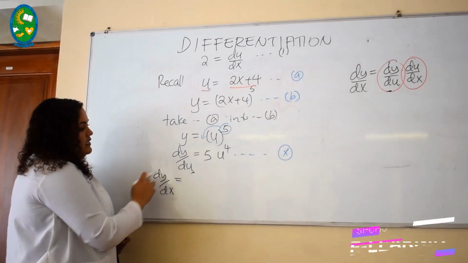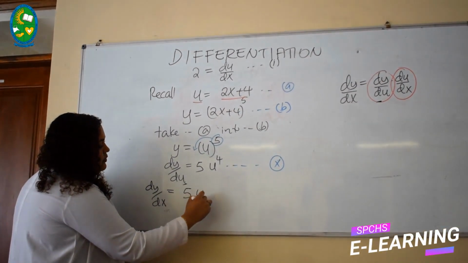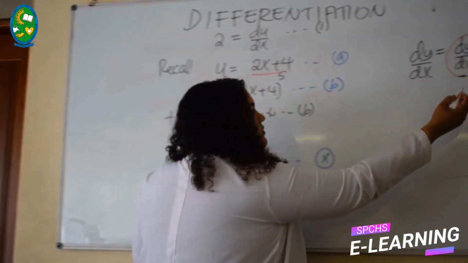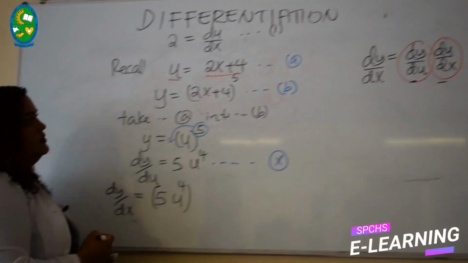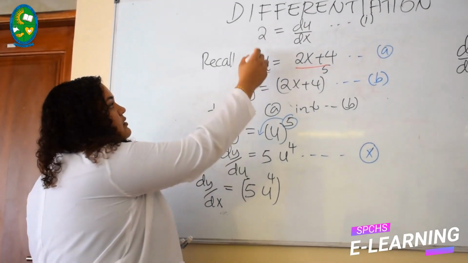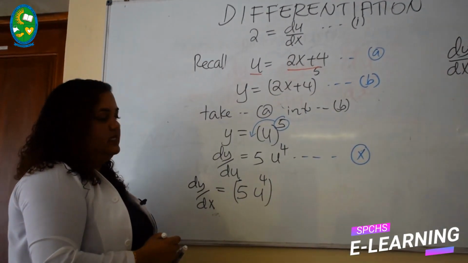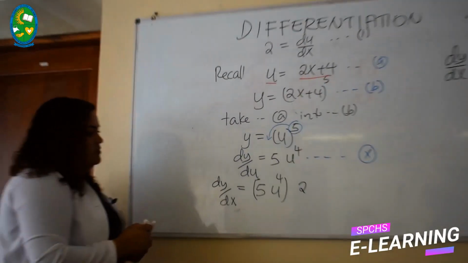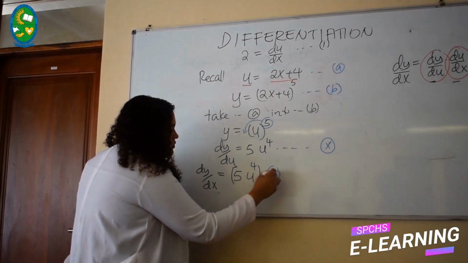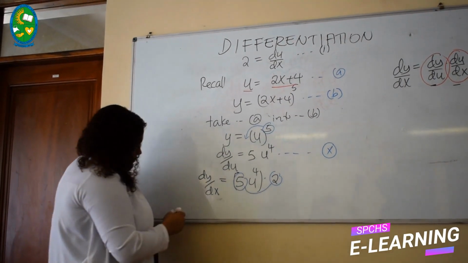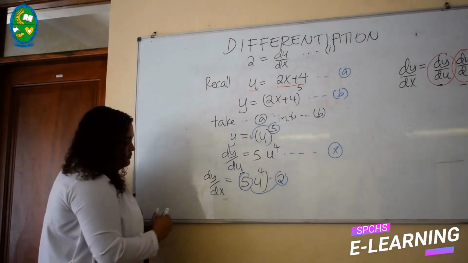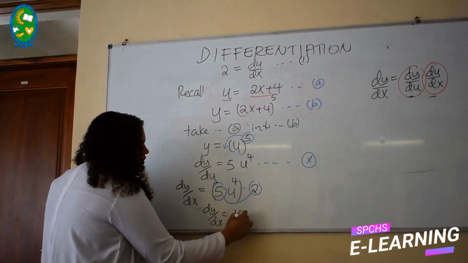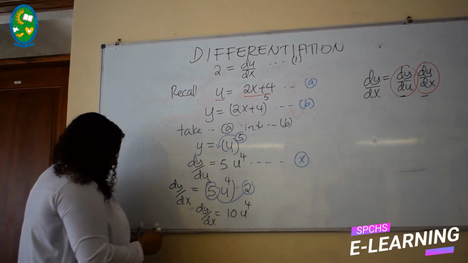So instead of writing dy du, I will write 5u power 4. That's the first part. And then the second part with du dx, I'm going to substitute equation number 1, which is 2 equals to du dx. So multiply this by 2. When you multiply this by 2, 2 times 5 gives us 10. So dy dx equals to 10u power 4.